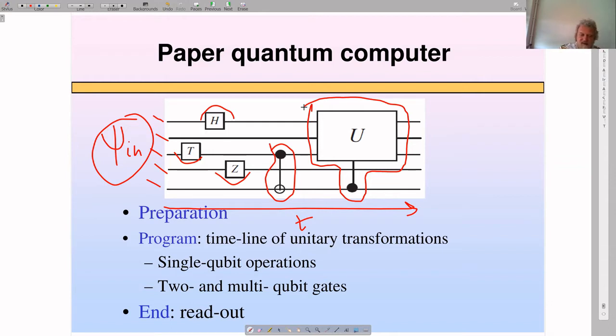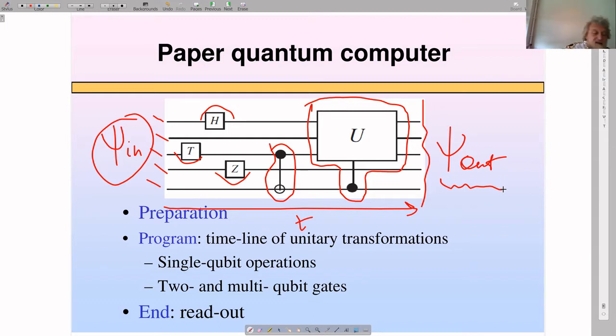Right, so the program runs, and at some stage you get the output wave function. Now one has to read the result. One has to measure it. Measurement happens, it gives a result, but again, in order to completely characterize this wave function, one measurement is not enough.